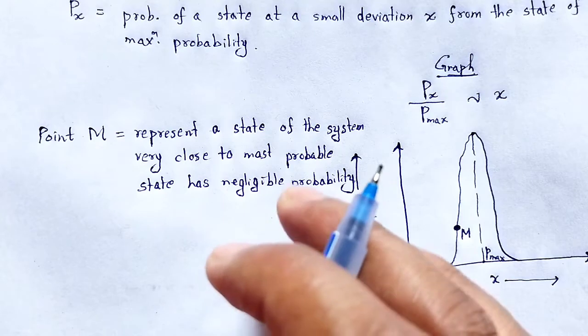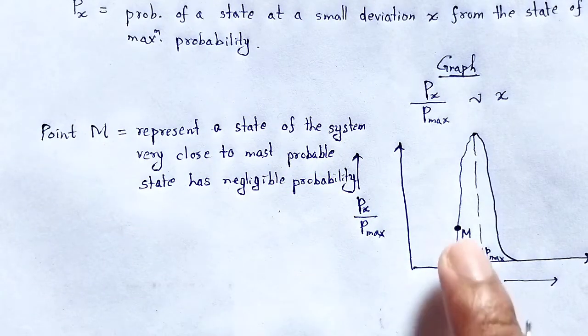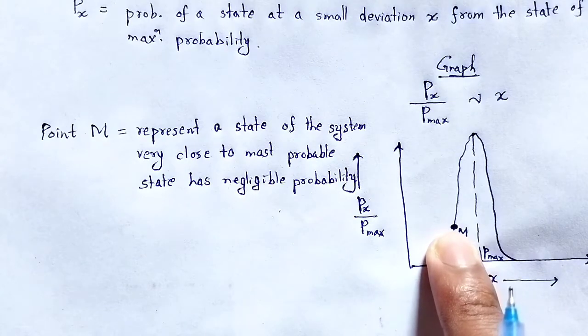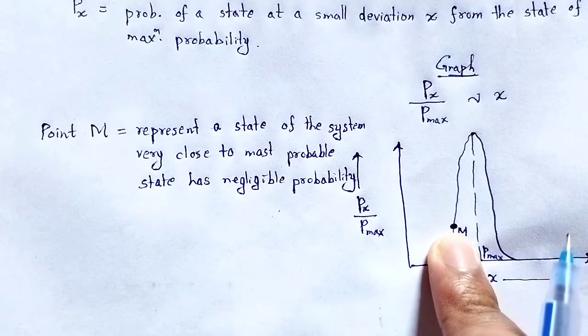Now let the system be in a non-equilibrium state, represented by the point M. Then, due to collisions between the particles, the system will quickly come to the state of maximum probability.